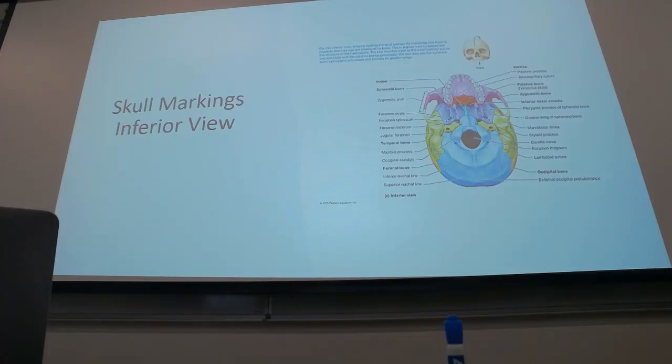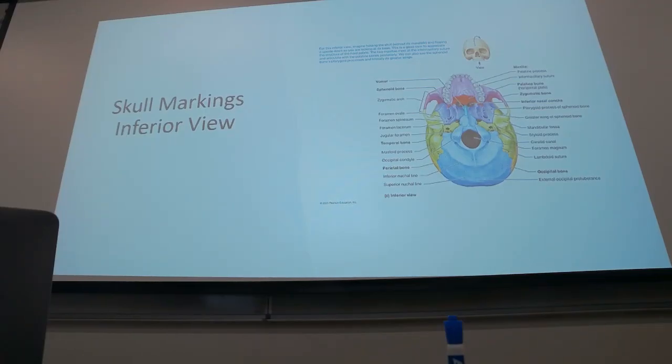If you see it sideways, it's like this. It's a concavity that fits the condyle of the mandible, which is convex. And then, with your mandible, you can do this. That convexity of the condyle slides over the concavity of the mandibular fossa, forming the temporomandibular joint, TMJ.